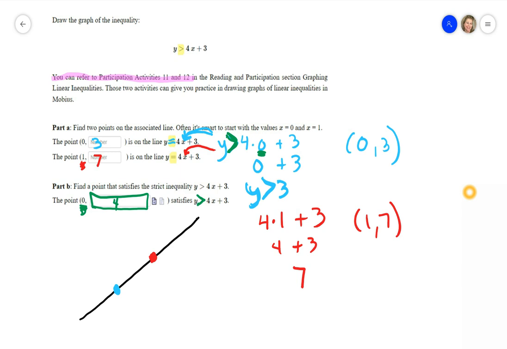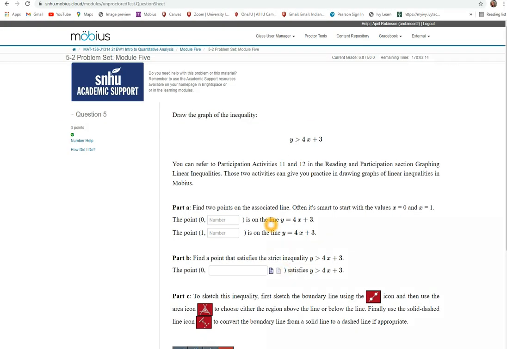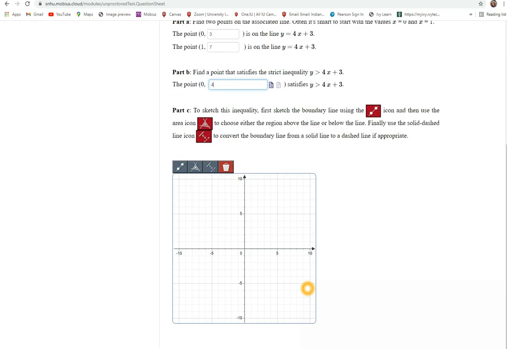So when I go back into Mobius, let me find that. Here it is. Here's my number: 0 and what was it? 3. And then 1 and 7, and then I said 4, and then there's a part C. It says to sketch the inequality, first sketch the boundary line using this.